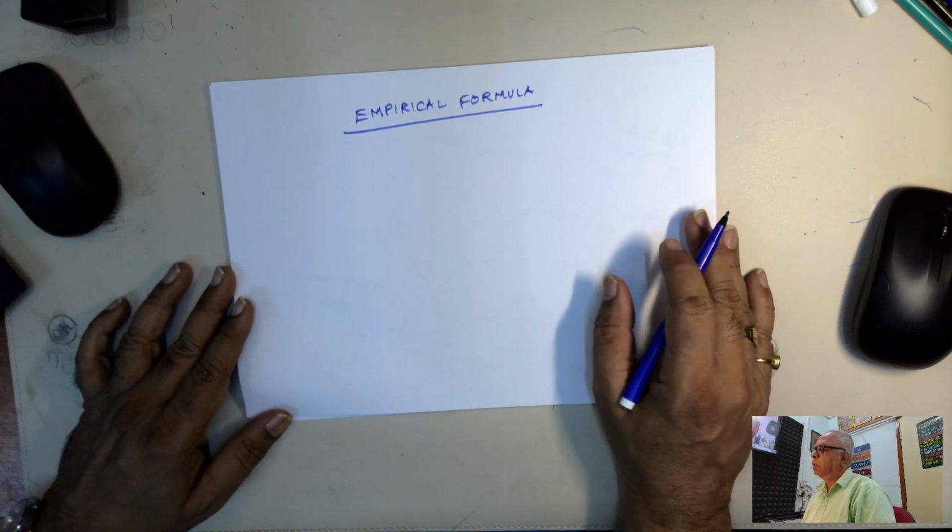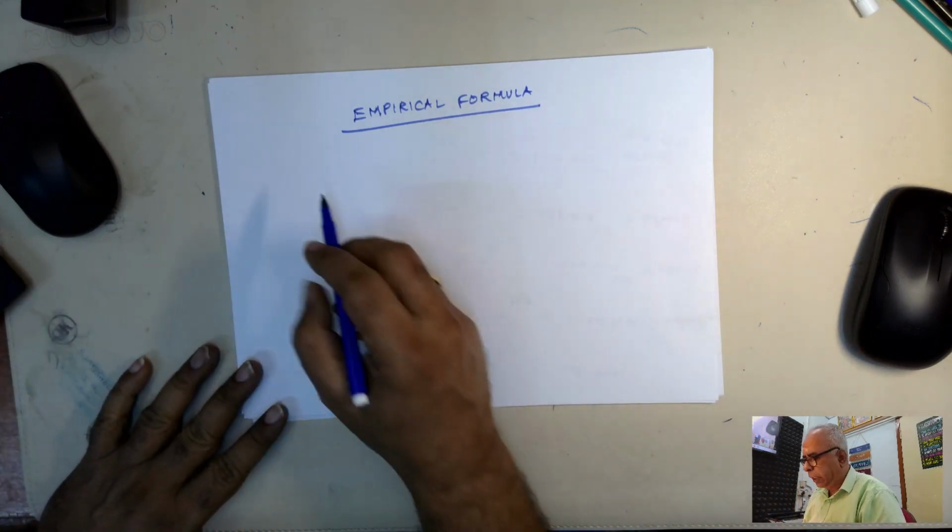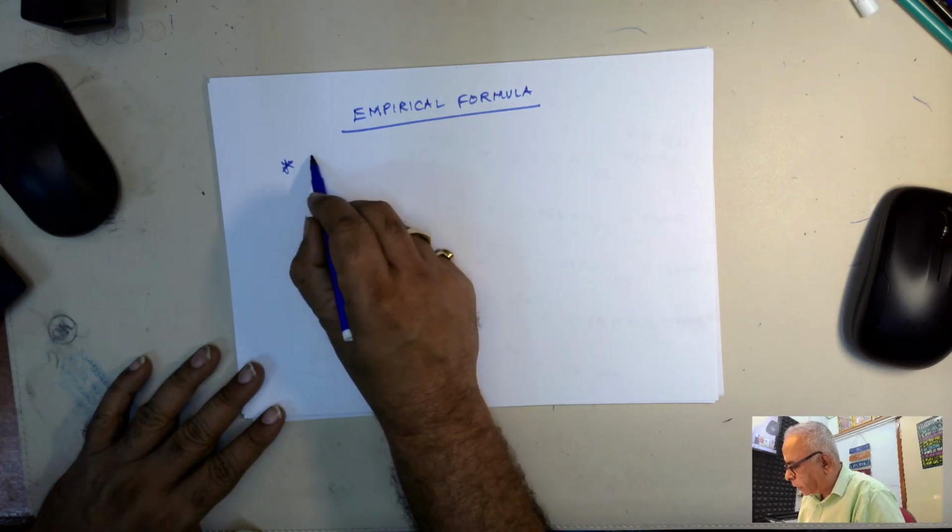Empirical formula of a compound represents the simplest whole number ratio of various atoms present in one molecule of the compound. Take down.